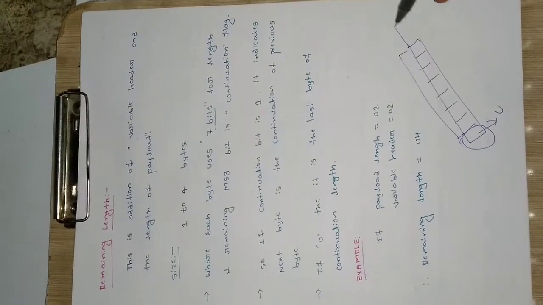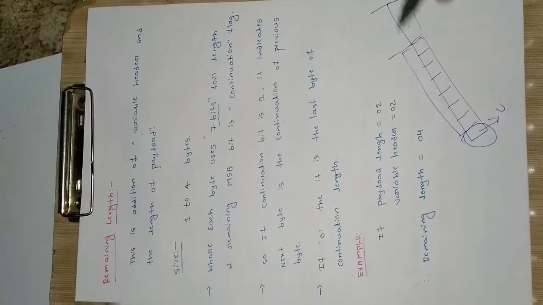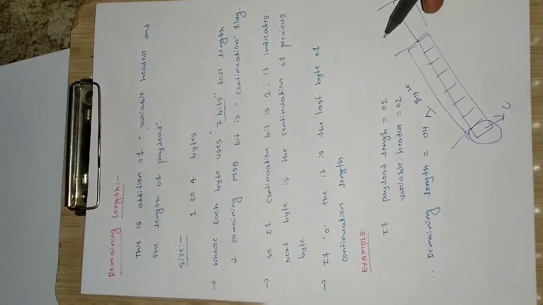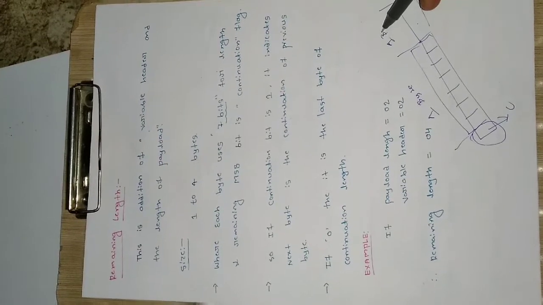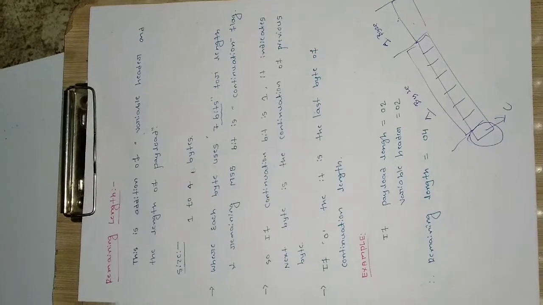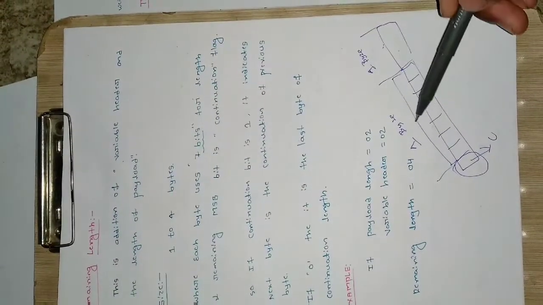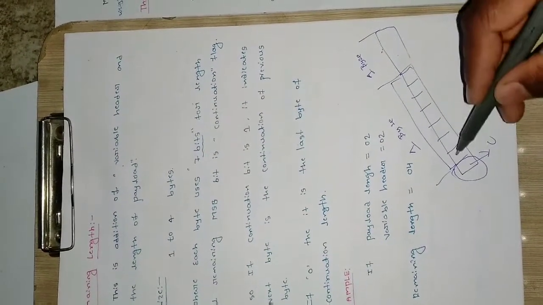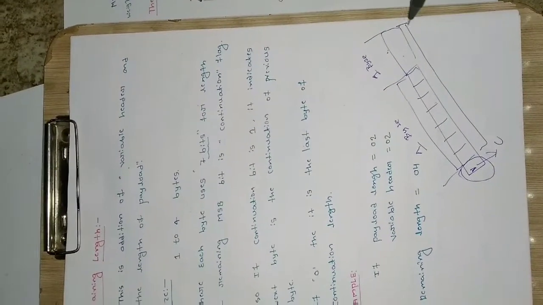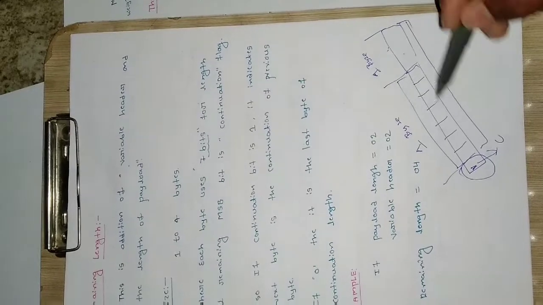This is 1 byte and this is also 1 byte. To indicate that the second byte is the continuation of the present byte, we need to put 1 here, so that it understands that this whole thing is one family.